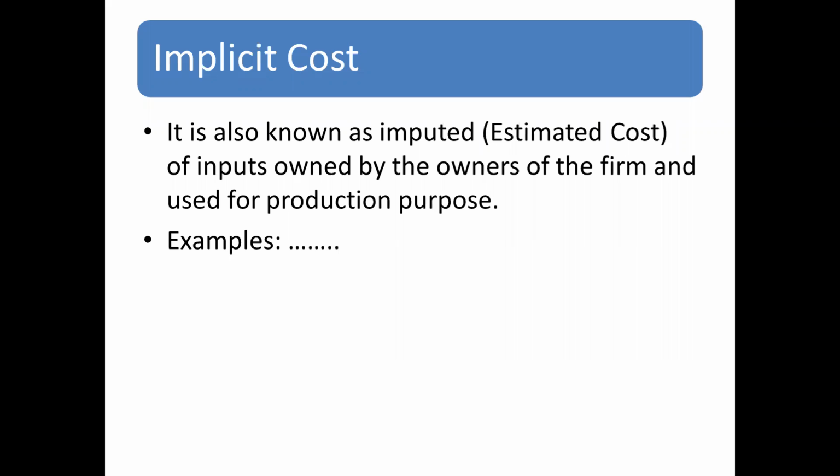What is the estimated salary of that? So the sum total of estimated rent for which he is not paying, estimated interest for which he is not paying, estimated salary which he is not paying, is known as imputed or implicit cost.